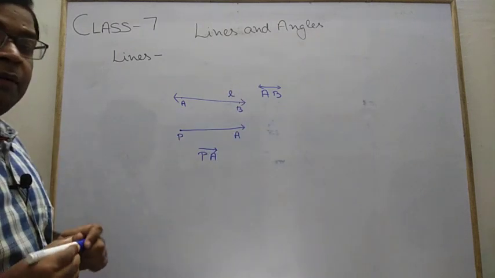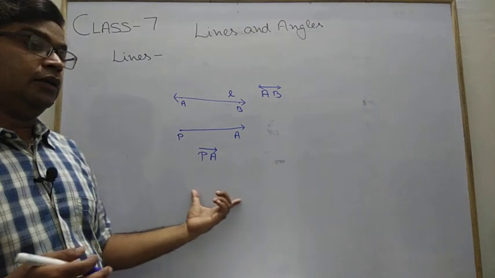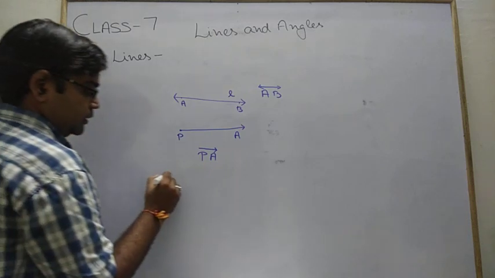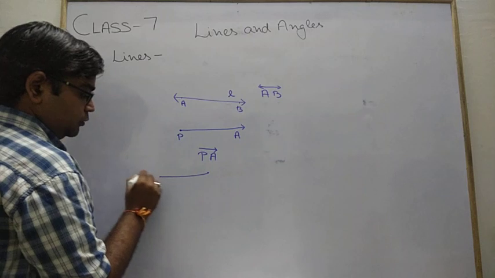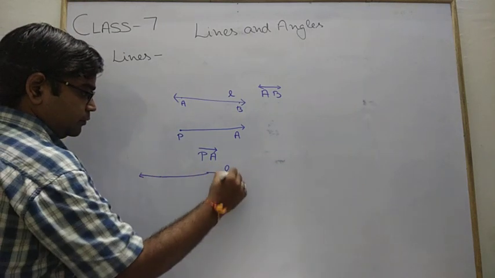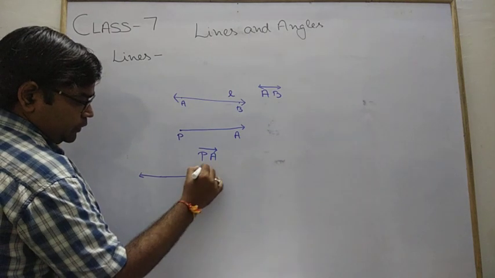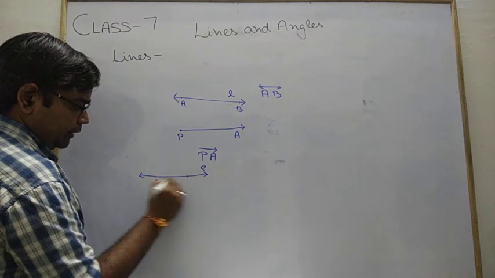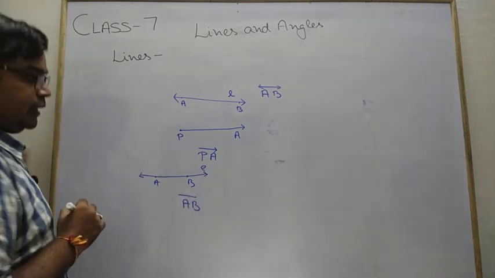And then we have the line segment. A line segment is a path having both sides fixed, meaning a part of the line. Suppose this line segment is going on, it is your line l, a little bit bendy one, and we have two points on the line, A and B. So AB is a line segment, having this sign.